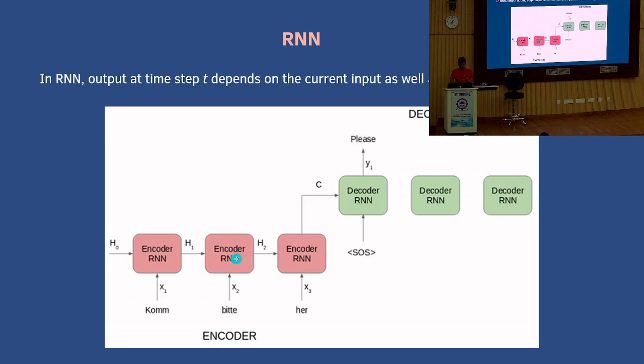One by one, first we pass the first word to the RNN, then its output, and it takes the second word. So first "Komm" goes to the RNN, then it is encoded. Then the second word "bitte" goes to the RNN, and then the third word "her" goes to the RNN. One by one we can see after the third encoder the whole sentence is encoded.